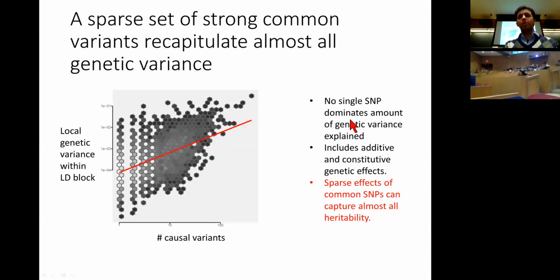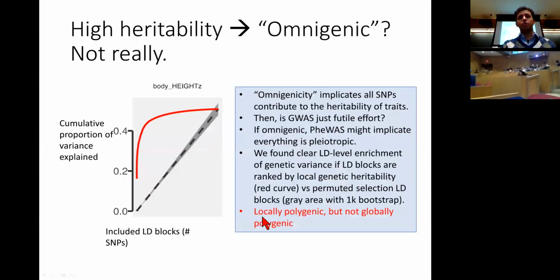Again, no single SNP dominates the amount of genetic variance explained. And this includes both additive and constitutive effects. And it turns out that these sparse effects of common SNPs can capture almost all of the heritability. So instead of worrying about rare variants that might be hidden within these haplotype blocks, we in fact use multiple common variants within these blocks, and we find that they do capture most of the heritability.